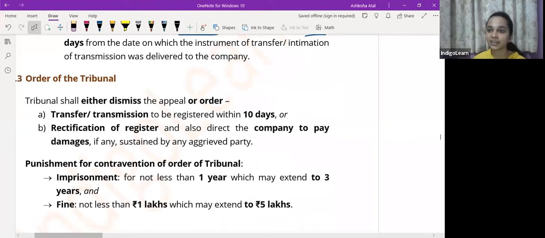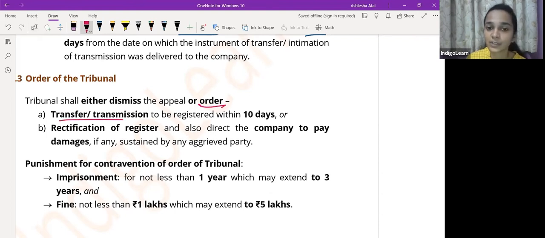अभी ट्रिब्यूनल के साथ अपील फाइल करने के बाद क्या होगा, जो भी ऑर्डर होगा ट्रिब्यूनल का वो दैट विल बी बाइंडिंग ऑन एवरीवन. नाउ वंस द अपील इज फाइल्ड विद द ट्रिब्यूनल, ट्रिब्यूनल में ईदर डिसमिस द अपील, अगर ट्रिब्यूनल को लगता है कि नहीं ये ऐसे ही फालतू का अपील कर रहे हैं एंड दिस ट्रांसफर इज नॉट, दिस इज नॉट समथिंग व्हिच शुड बी डिस्कस्ड इन द ट्रिब्यूनल, ट्रिब्यूनल कैन डिसमिस द अपील. या फिर if the tribunal takes the appeal into consideration, the tribunal will pass an order for transmission or transfer to be registered within 10 days, or rectification of register, and also direct the company to pay damages if any which the aggrieved party is suffering.